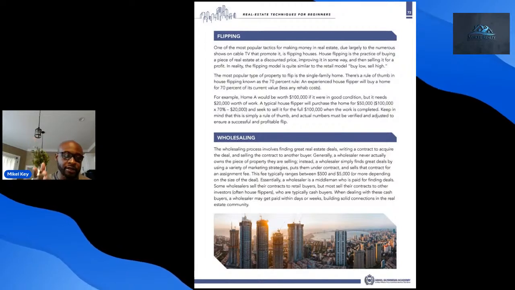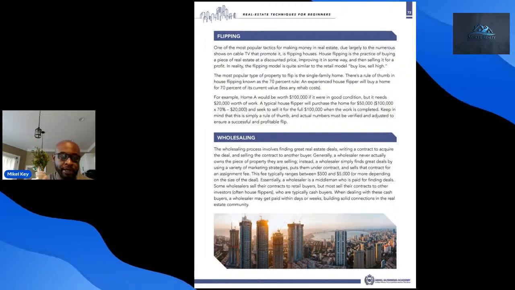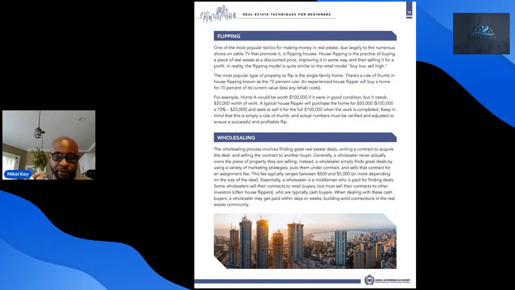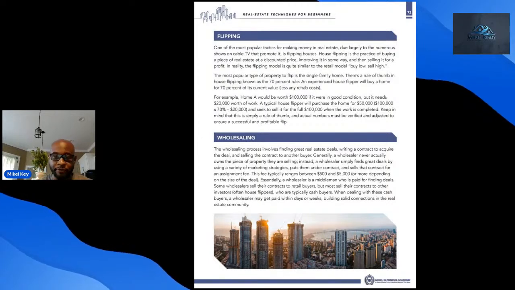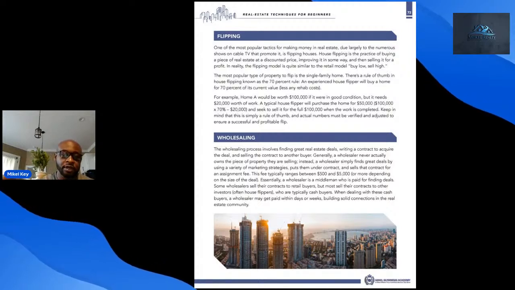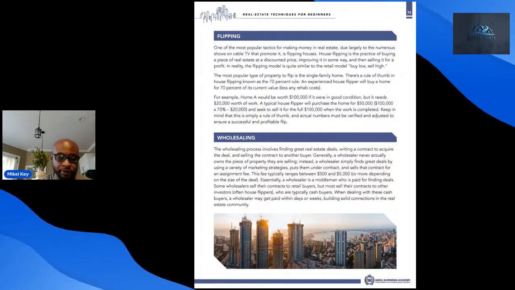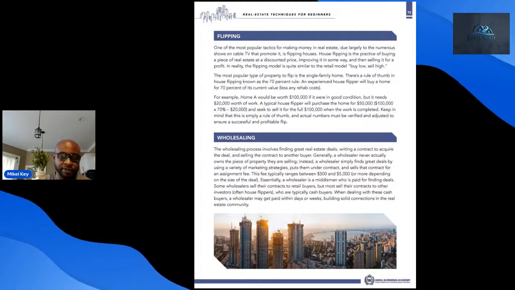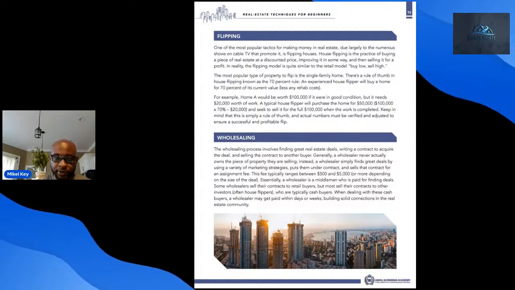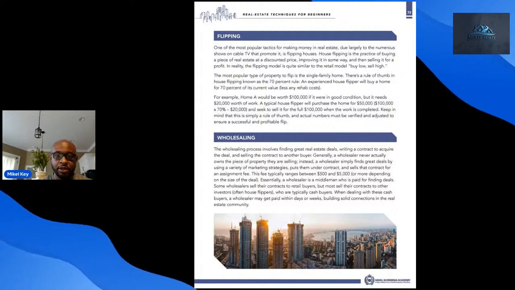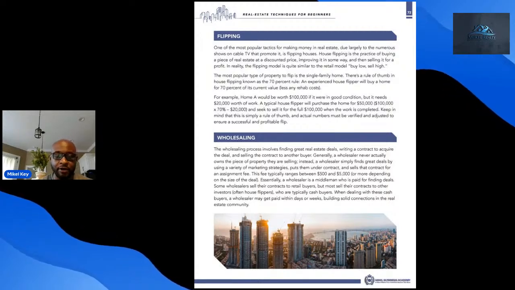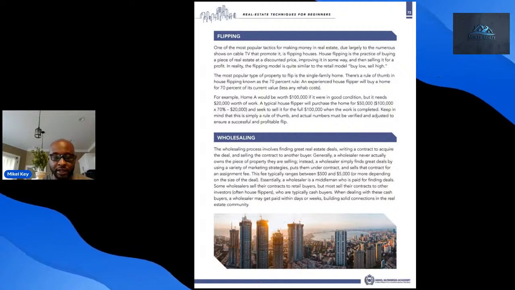Just go back and look at all the past sales in the area and calculate what that price per square foot is. If that price per square foot is $125, and your house is 1,000 square feet, you just multiply those by each other and you come out with $125,000.